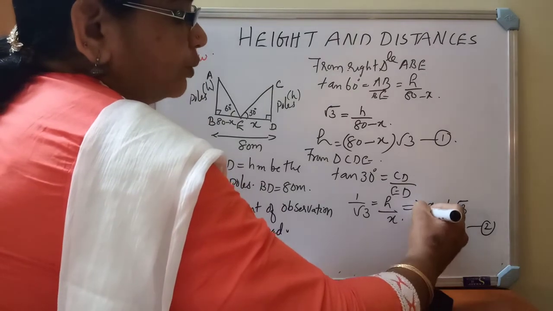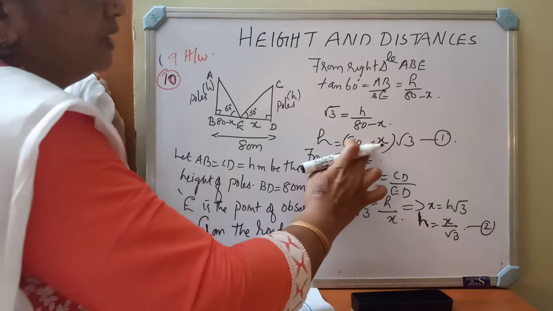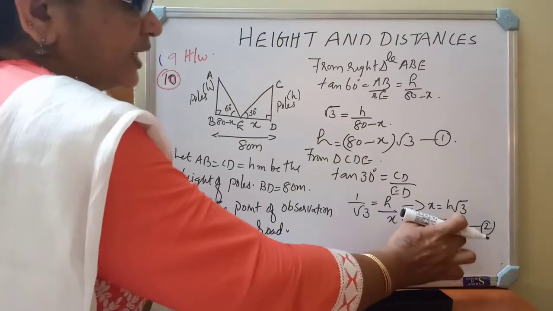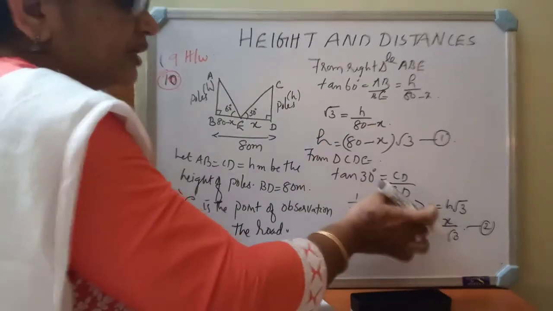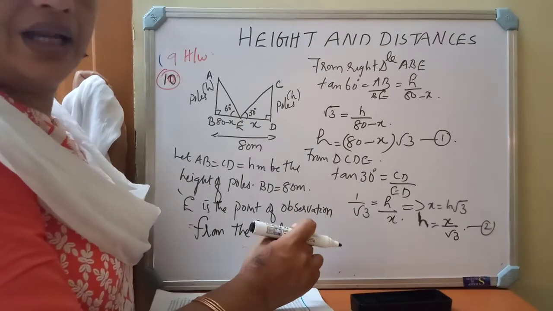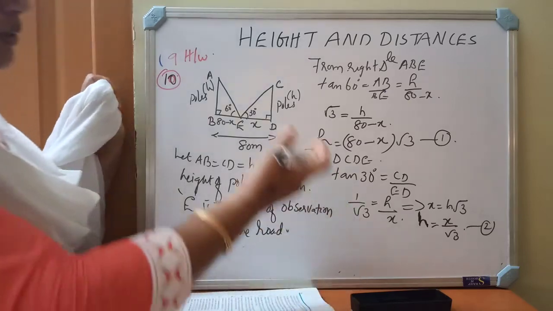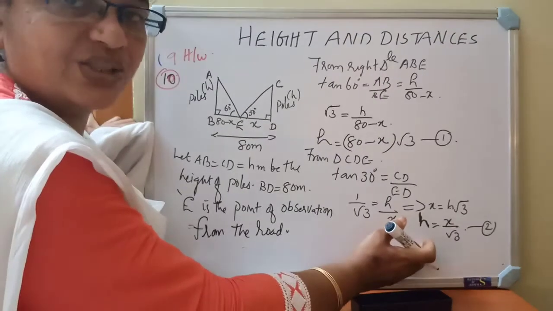See both equations. First equation we got h is equal to 80 minus x into root 3. Second equation we got h is equal to x by root 3. If we equate 1 and 2, the left side of both equations is the same, so from that we will get the value of x. After getting the x value, if we substitute in equation 2 we will get the h value also.